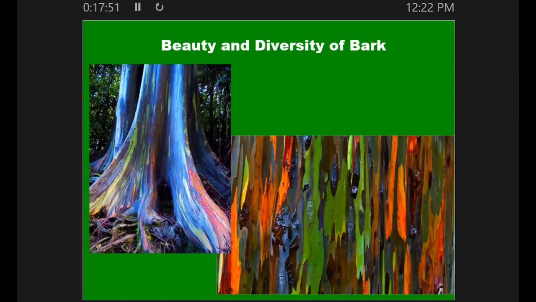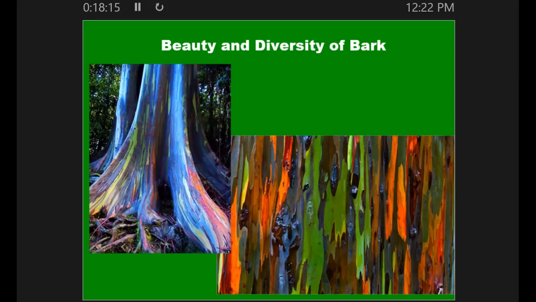Wouldn't that be awesome? I keep thinking we should try to grow this in the greenhouse, because that is just stunning. And the other fun thing about this tree is that it will peel off bark over time. So you get this kaleidoscope of colors through the life of that tree. It'll give you different color designs, and so it's really fun.